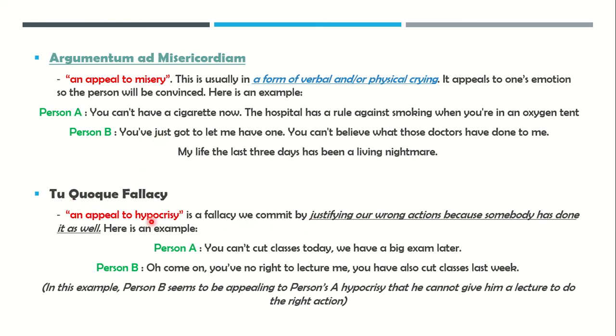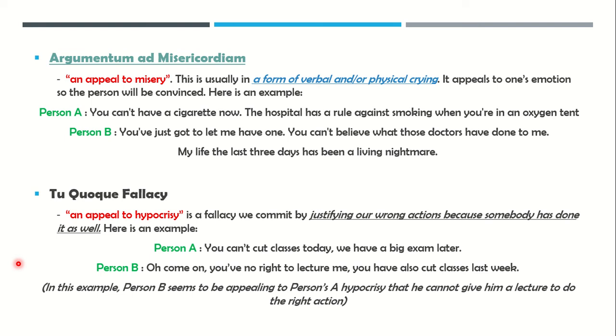Yes, it is an appeal to hypocrisy. So the tu quoque is a fallacy that we commit by justifying our wrong actions because somebody has done it as well. So here is an example.